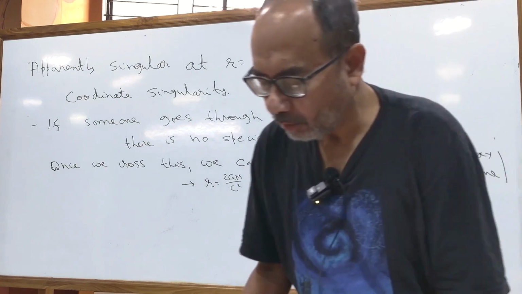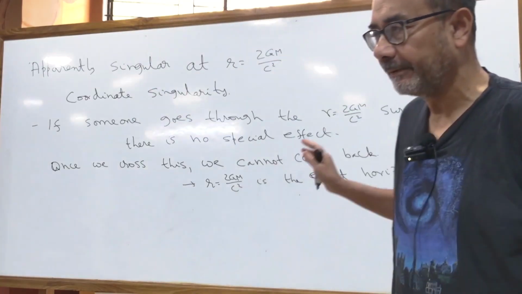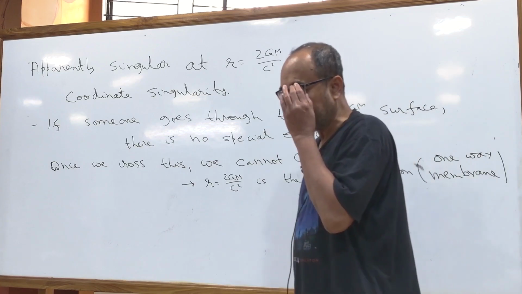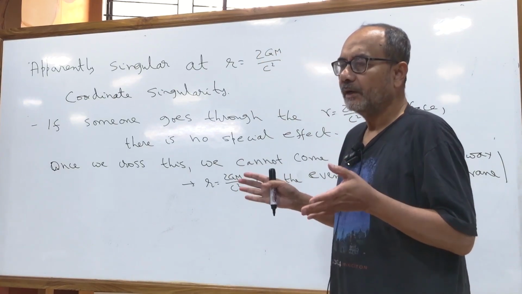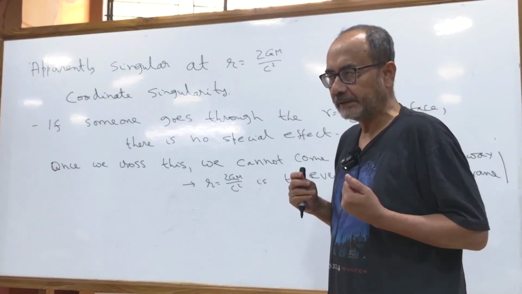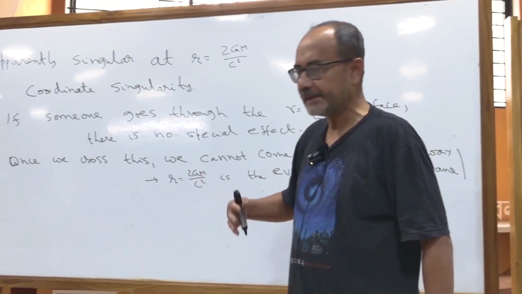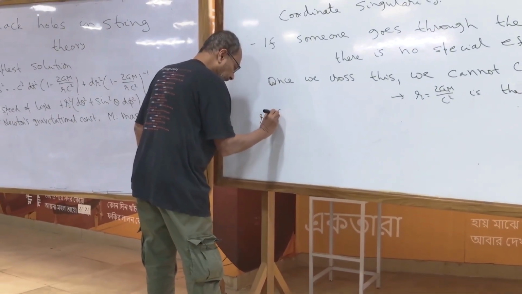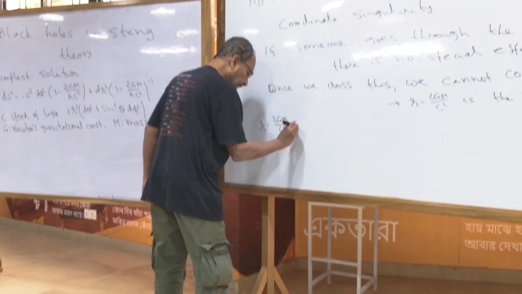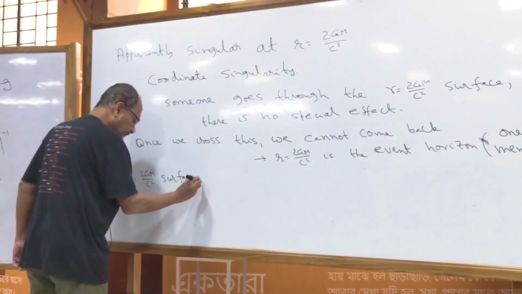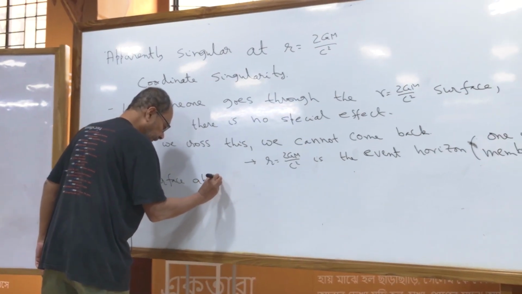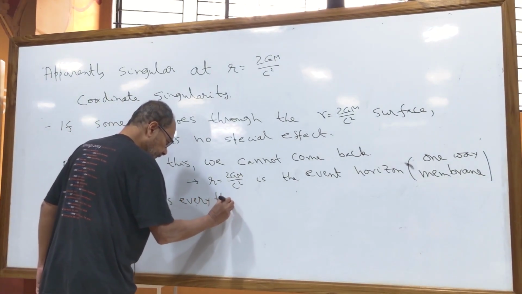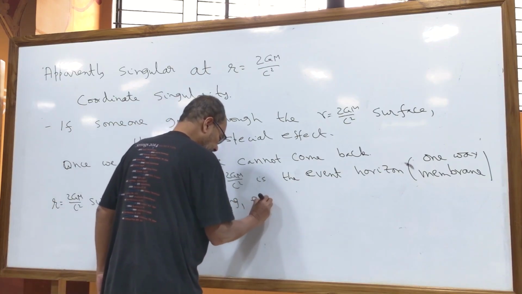But I forgot to mention that if you have any questions, please feel free to ask anytime. So this means that if we look at such an object in the sky, we'll not see anything coming out of the object, right? Because it absorbs everything, emits nothing. So this surface r equal to 2GM over c squared absorbs everything and emits nothing.